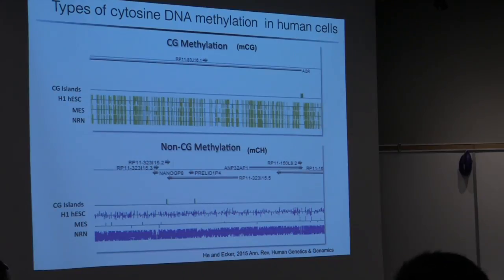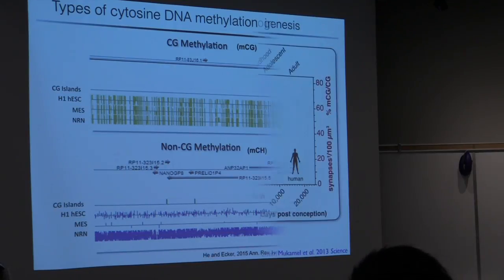But this is the amount of non-CG methylation you see in neurons. In fact, there's more of this flavor of methylation in your neurons than there is of the CG flavor. And just a few years ago, there were all sorts of reasons to think this was an artifact, but it turns out that it's absolutely true.